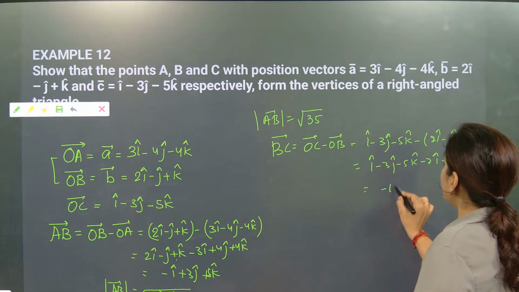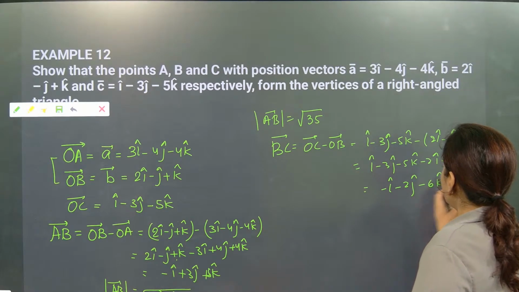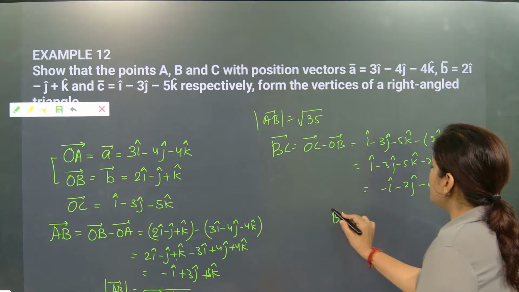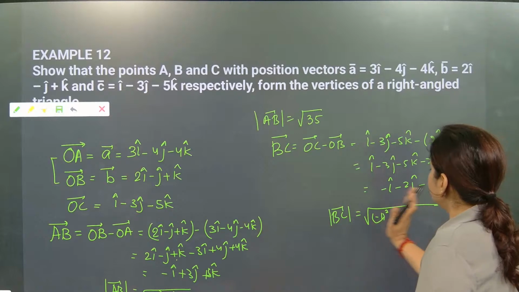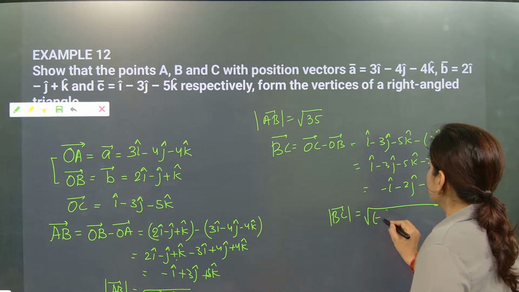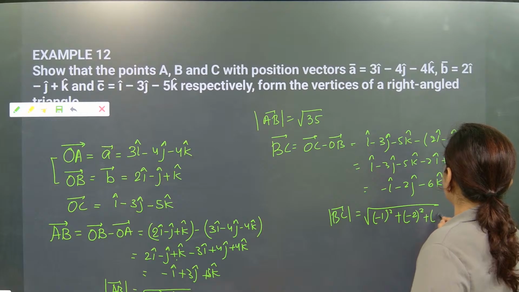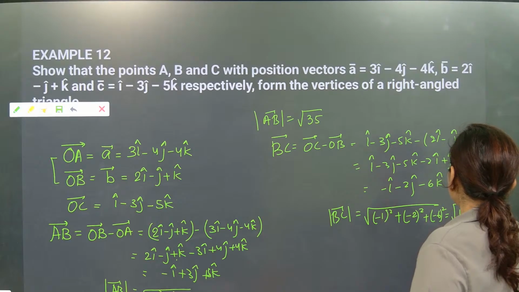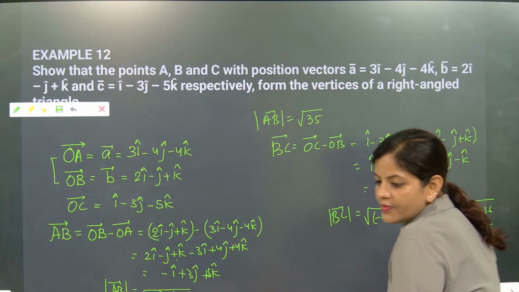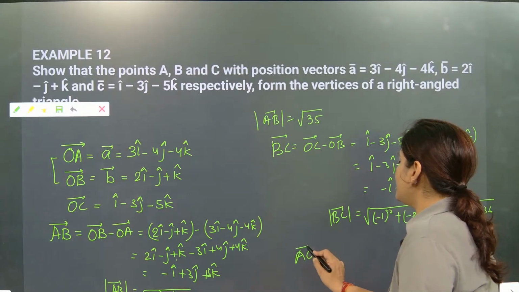Minus i minus 2j minus 6k. Now its magnitude: root under minus 1 square, 1 plus 4 plus 36. So root under 41 is coming.